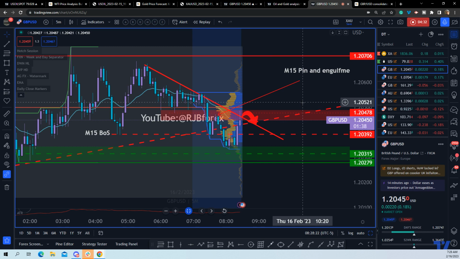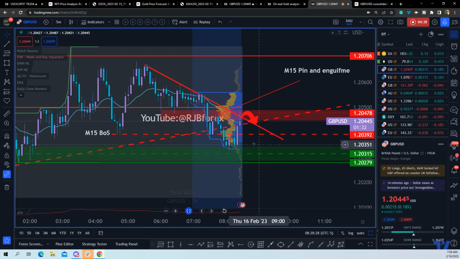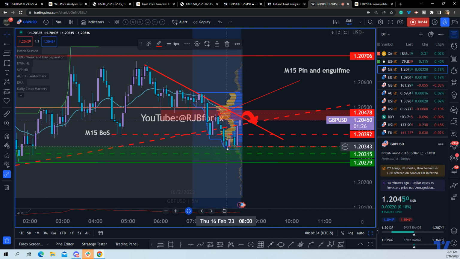2 minutes before the end of this 5 minute candle. These are the lows of the day in New York at least. This appears to be the high.